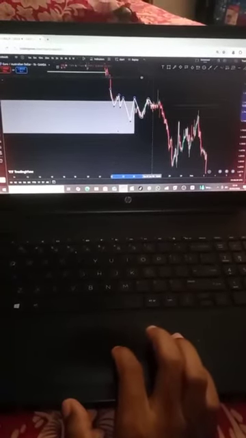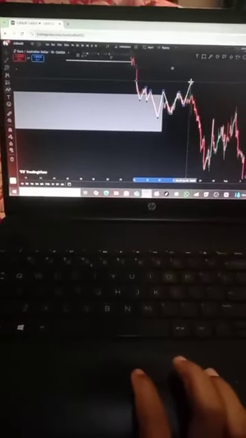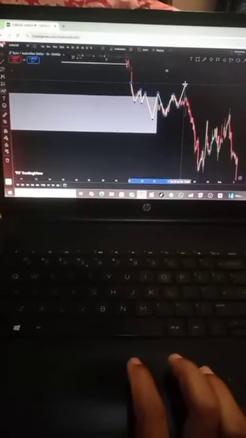It kept tapping and reacting. So this was the pattern. It was just correcting, as though it wanted to go. And this was the highest move it could make before the final drop down here.